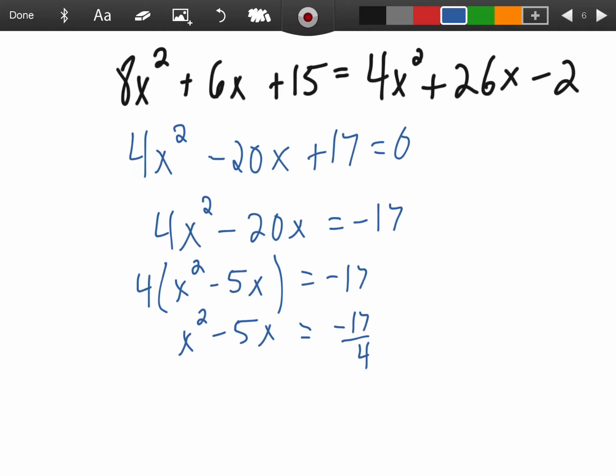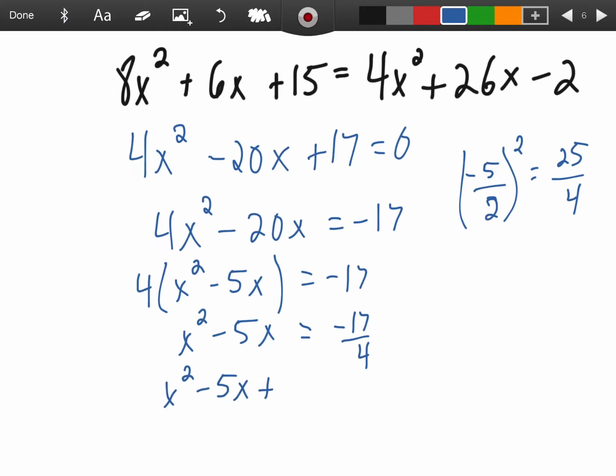So negative 5 divided by 2, squared, is going to give me 25 over 4. All right, so I'll add that to each side. So I have x squared minus 5x plus 25 over 4 equals negative 17 over 4 plus 25 over 4.